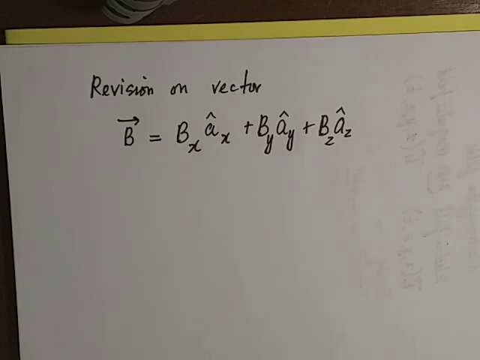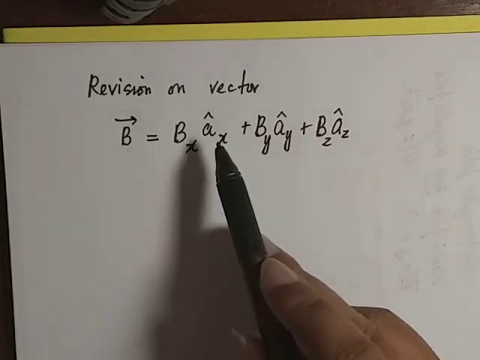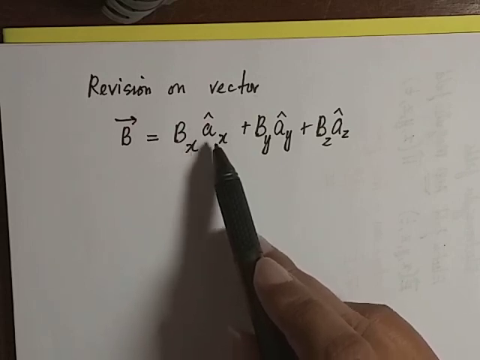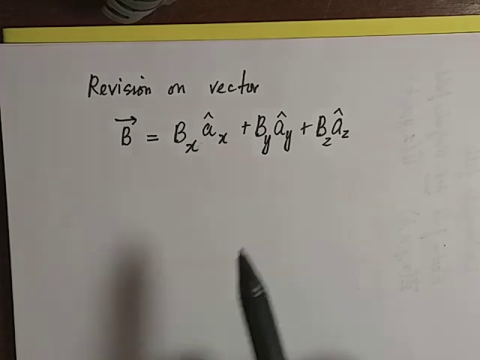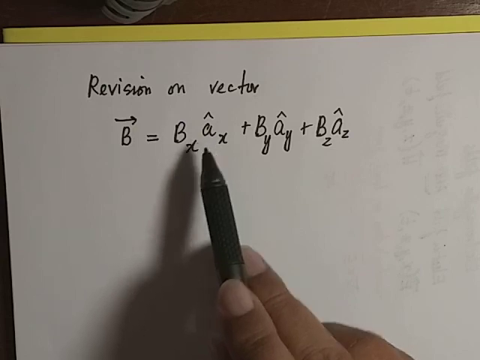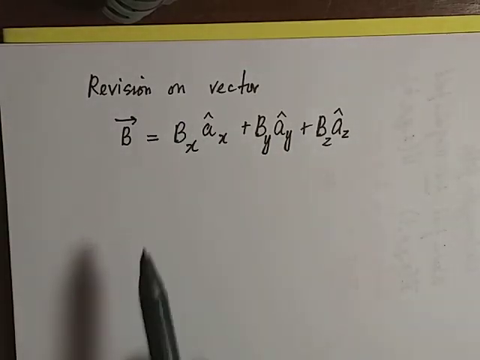Okay, so this represents the magnitude, and this represents direction, which we call the unit vector. The special characteristic of the unit vector is that it has both pieces of information, magnitude and direction, but the magnitude of this vector is always equal to 1. Okay, so again, we tie this equation to the Cartesian coordinate.